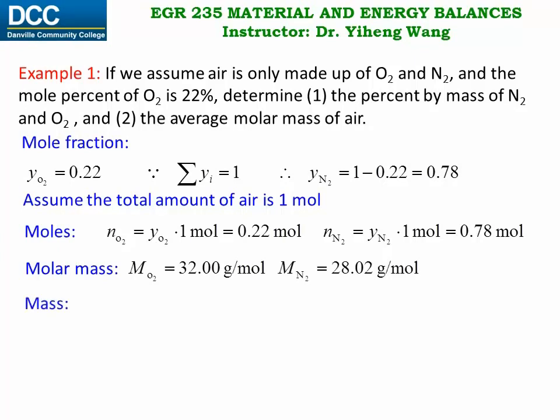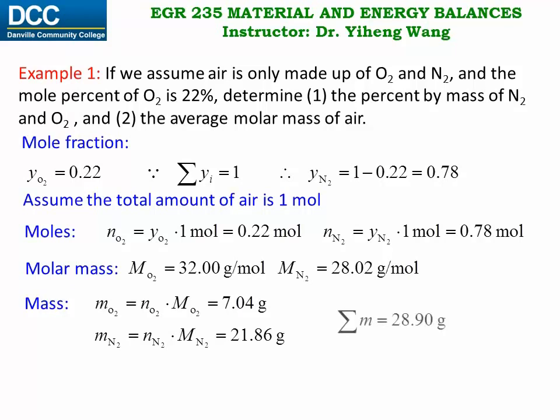So from here, we can calculate the mass of oxygen to be 7.04 gram and nitrogen 21.86 gram. And therefore, the total mass of this mixture is 7.04 plus 21.86, which is 28.90 gram.